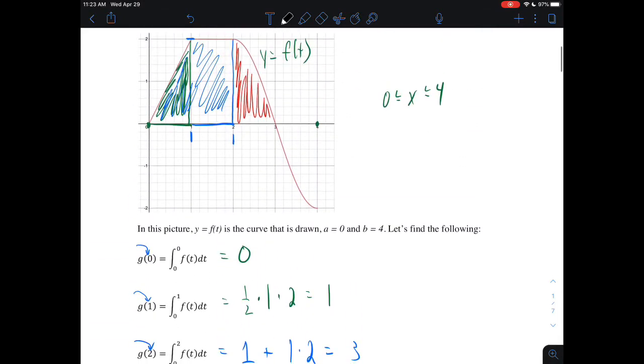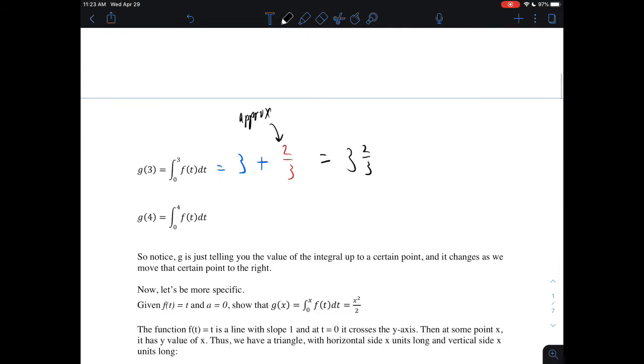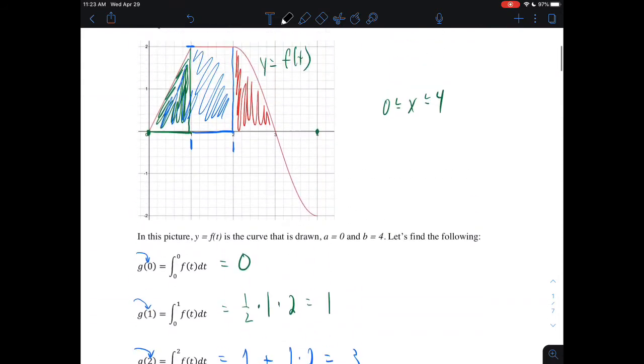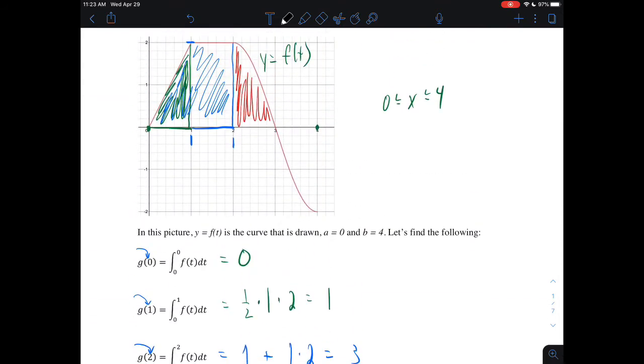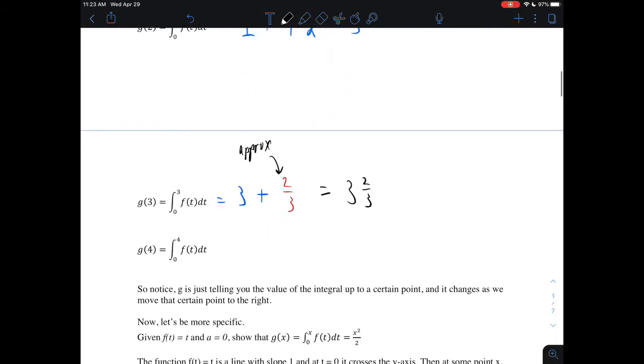And then finally, keeping this going to the right, g of 4 would be the area from 0 to 4. But now you can see that we're introducing a negative area because that's below the x-axis. And this has somewhat the same shape as what was above the x-axis between 2 and 3, so it looks like we're subtracting.